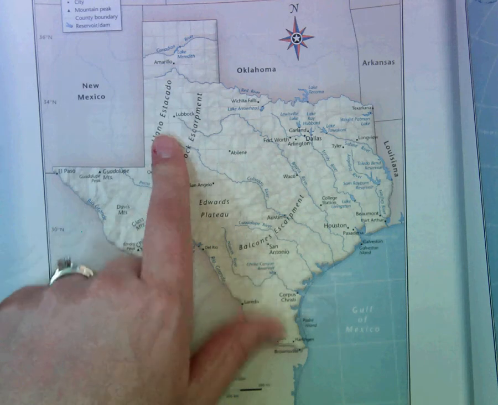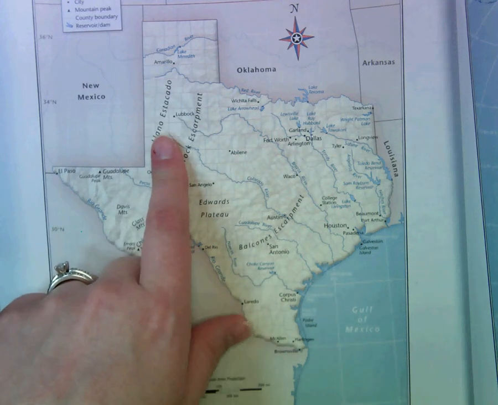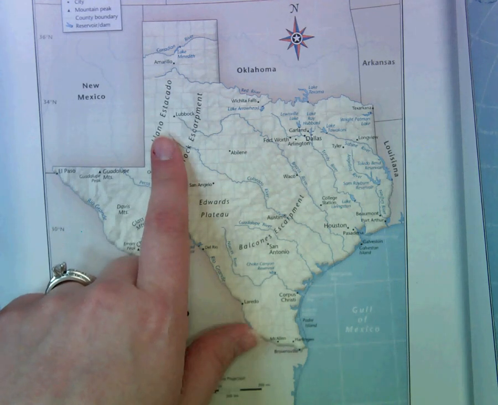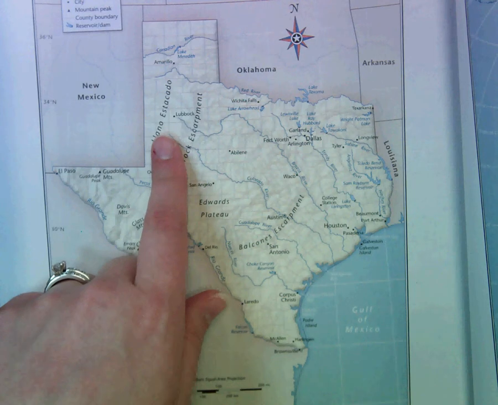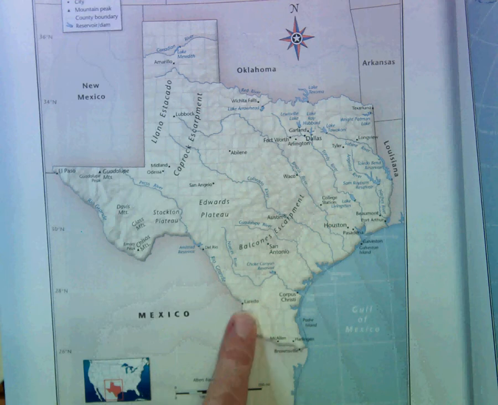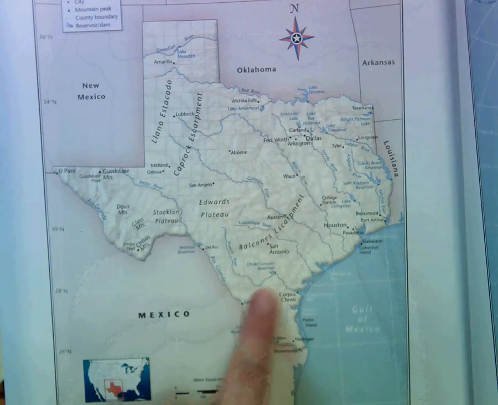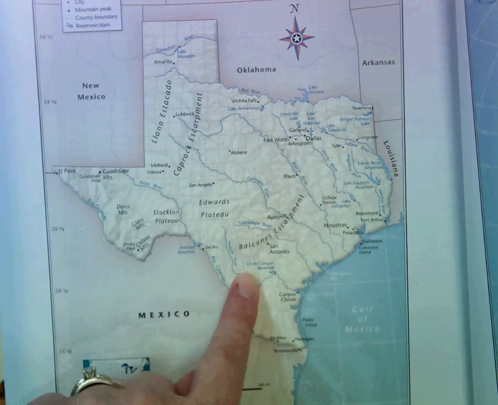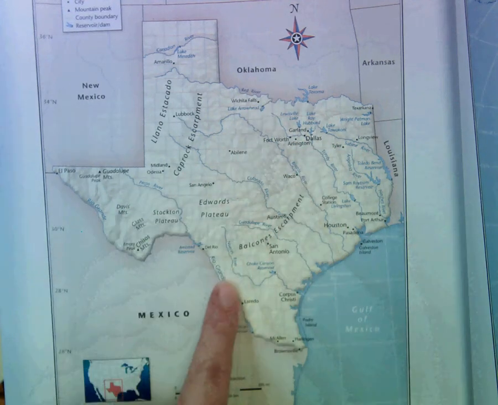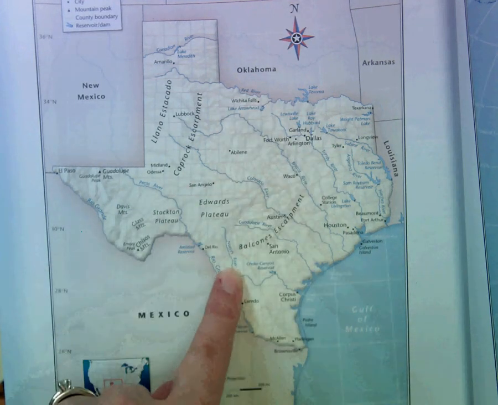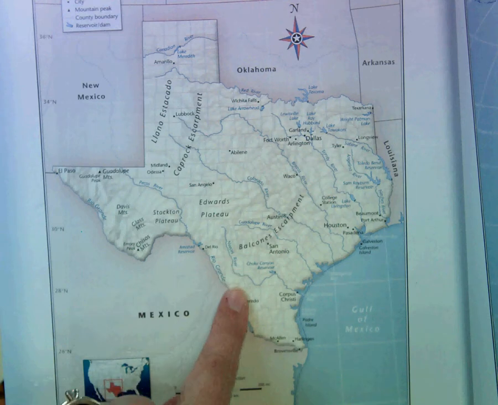No. There's nothing there. It's a lot of flat land. Think about your four regions. Where did I tell you was the best place to have farms? The Gulf Coastal Plains, right here. Also the North Central Plains. These two areas were the best places. What major geographic feature is here? Rivers and lakes.